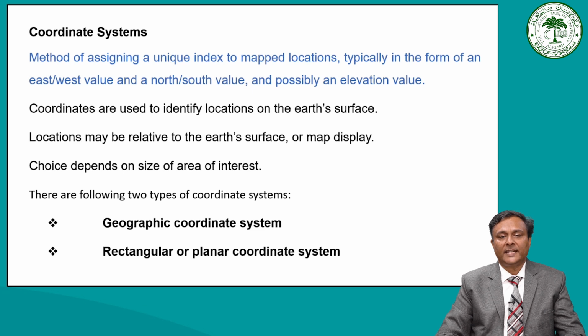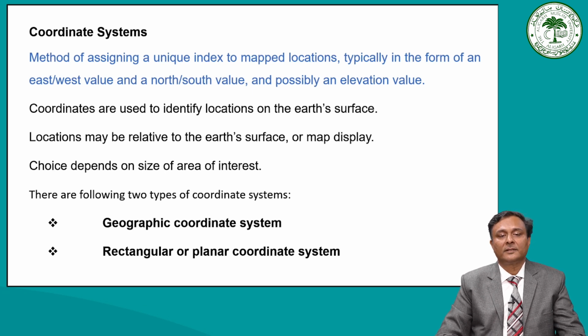So it is a method of assigning a unique index to mapped locations, typically in the form of an east-west value and a north-south value, and possibly an elevation value also. The coordinates are used to identify locations on the Earth's surface. Locations may be relative to Earth's surface or map display.